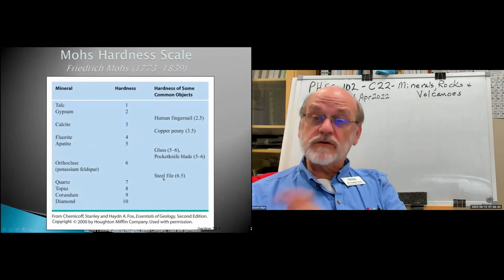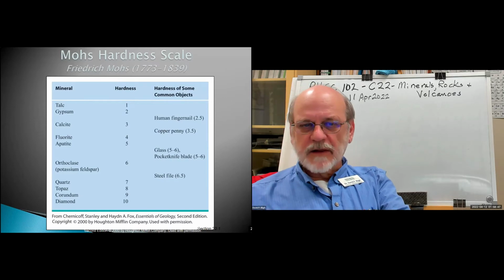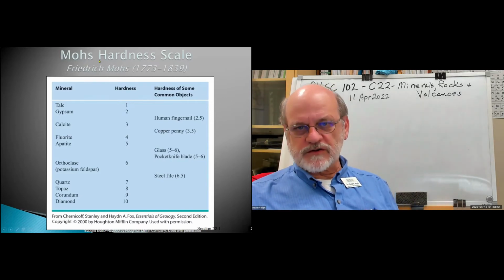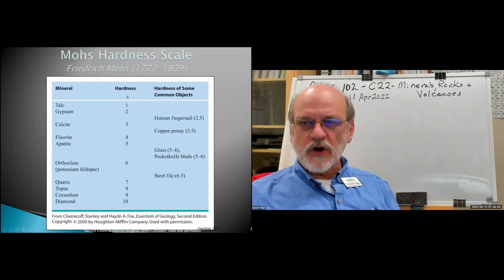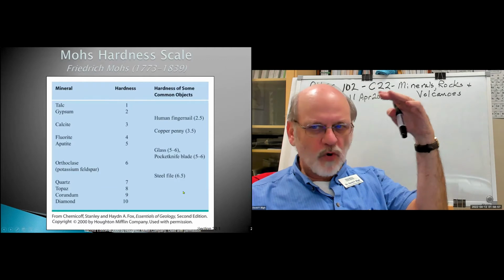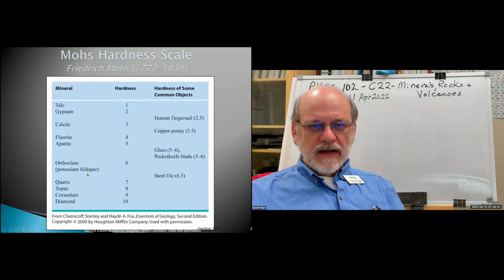Okay, here we go. The Mohs hardness scale. There are a number of different hardness scales. Mohs was one of the first, but there are other hardness scales that are used with much more detail. Okay, let's see.